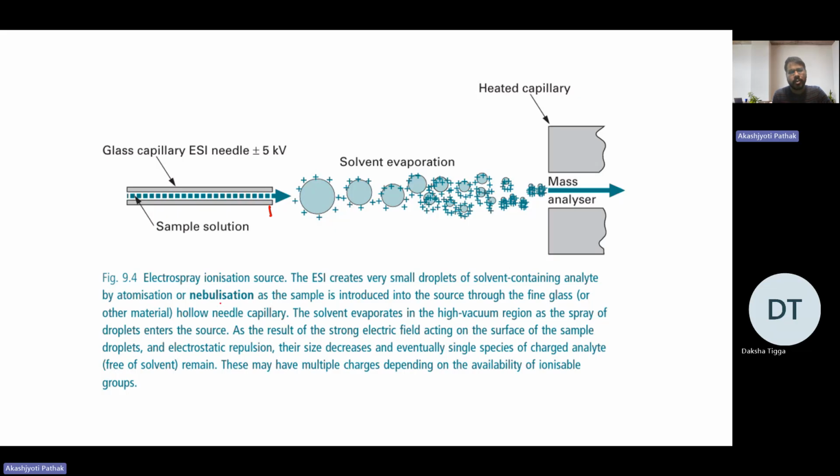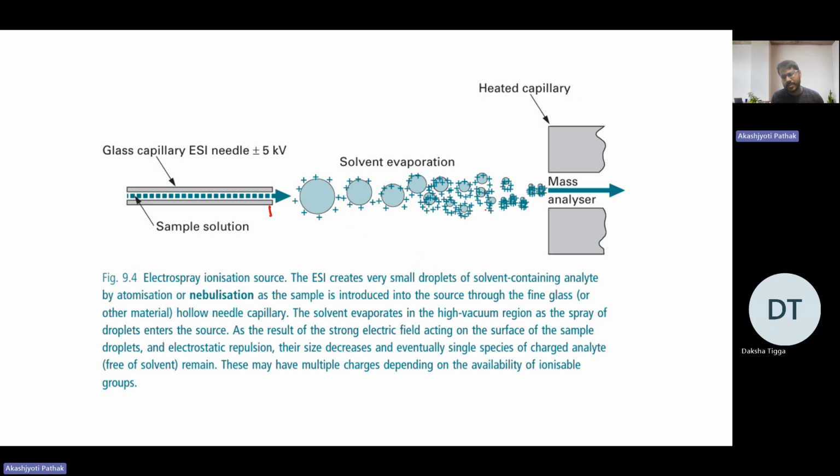which is called atomization or nebulization, as the sample is introduced into the source through the fine glass. So this is the fine glass, and your sample is made to pass through this very fine glass capillary or glass needle, and as a result, it will attain a charge and be surrounded by solvent molecules. Now, as a result of the strong electric field acting on the surface of the sample droplets and electrostatic repulsion, the size decreases.